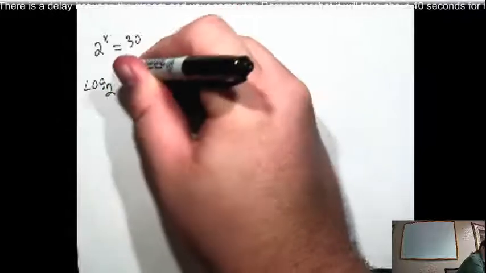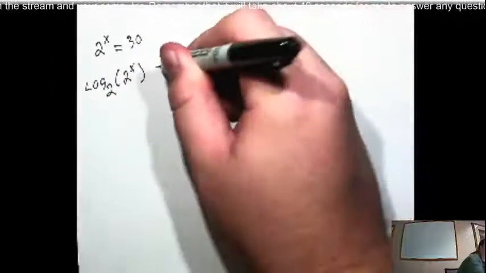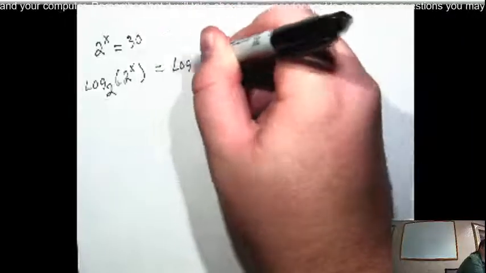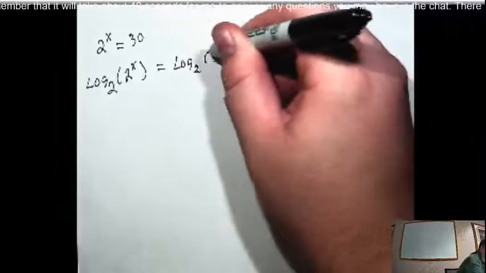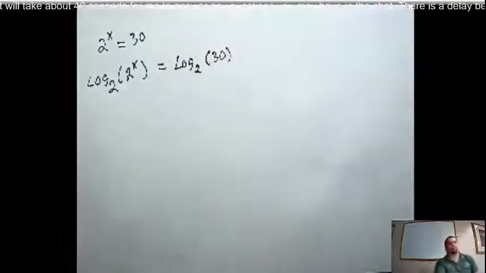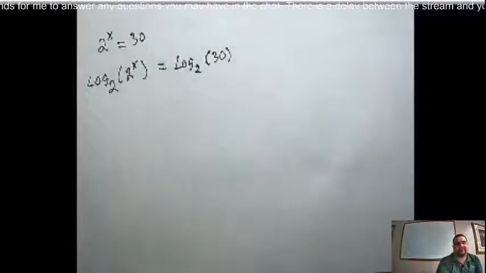Okay, so log base 2 of 2 to the x equals log base 2 of 30. Again, all I've done here is I've taken the log of both sides.